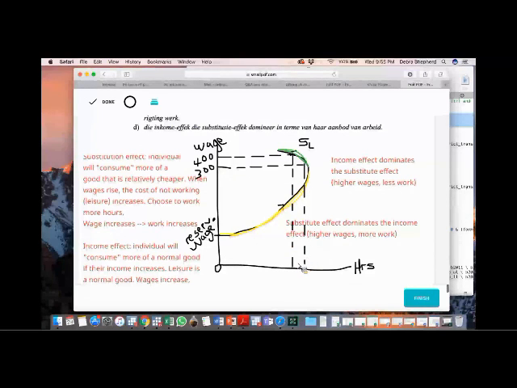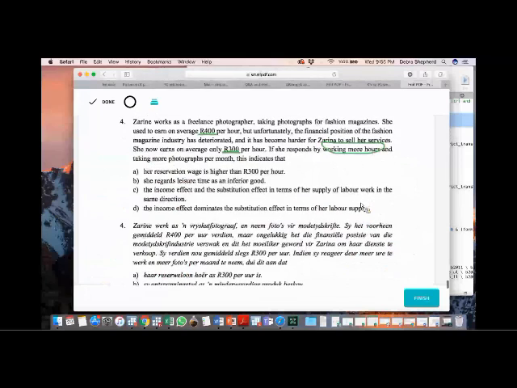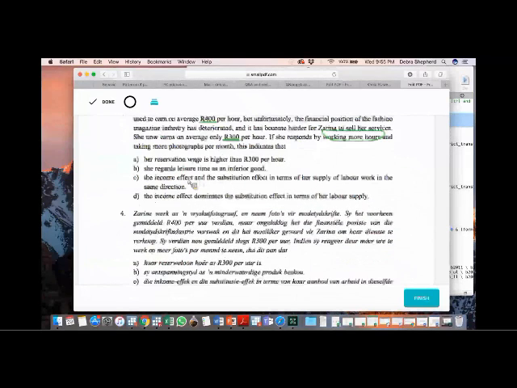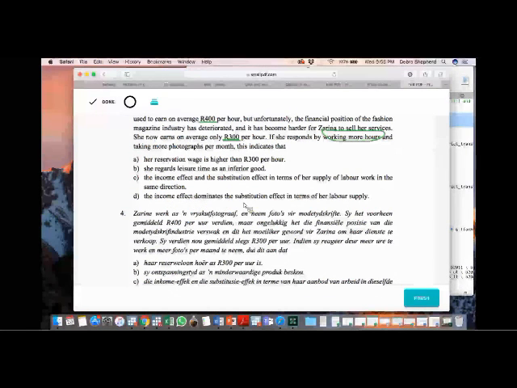So the fact that a lower wage resulted in her working more means that she had to have been on the backward bending part of her supply curve when this price change occurred. So in terms of the answer, what it's saying is that the income effect dominates the substitution effect, because that puts her on the backward bending part of her supply curve.